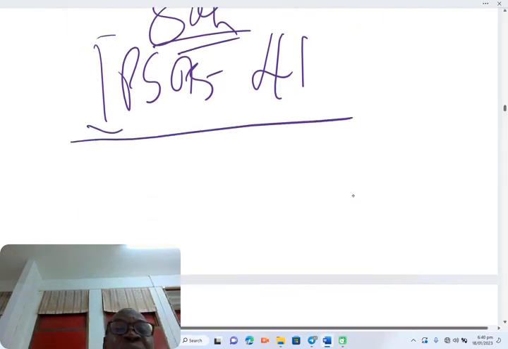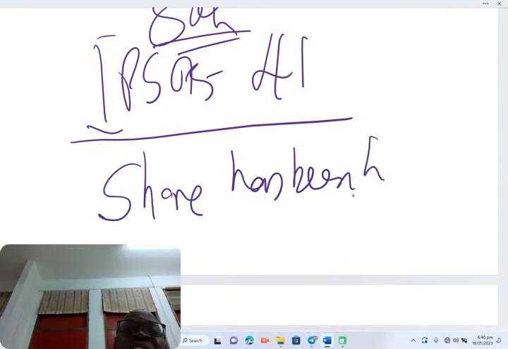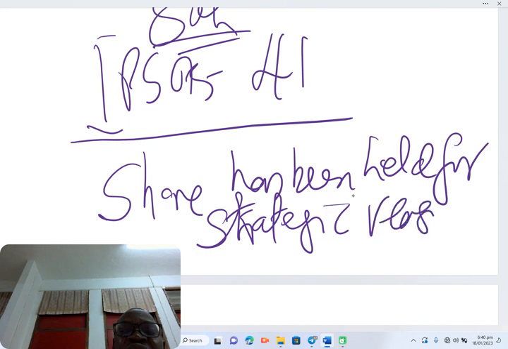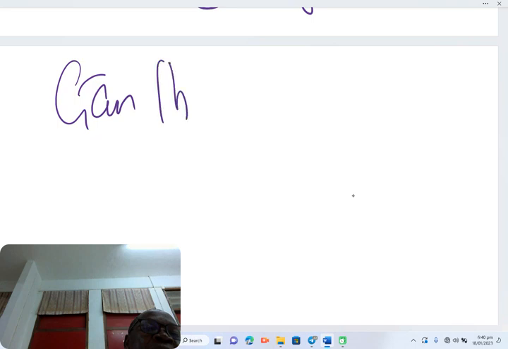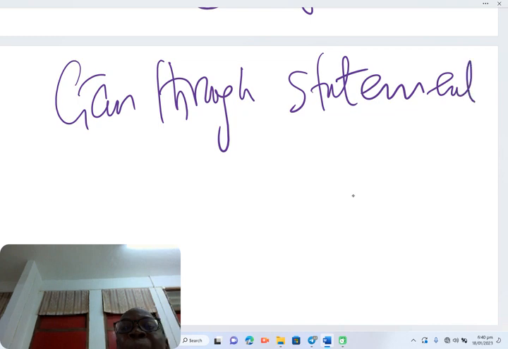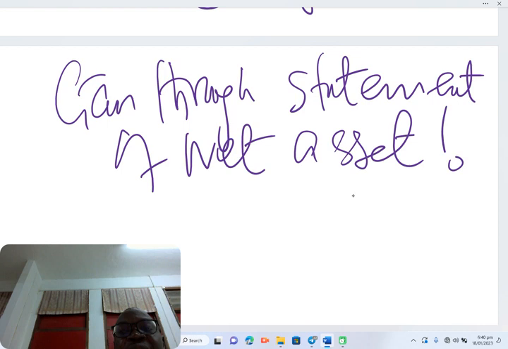And the business model, shares have been held for strategic reasons. So gain through where? Statement of net asset. These are the policy. Gain should not move to performance because the shares are not ready for trading.